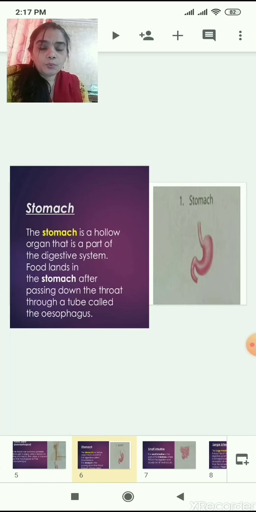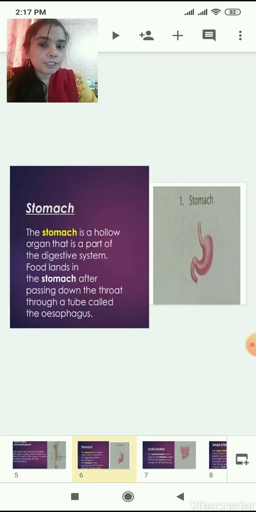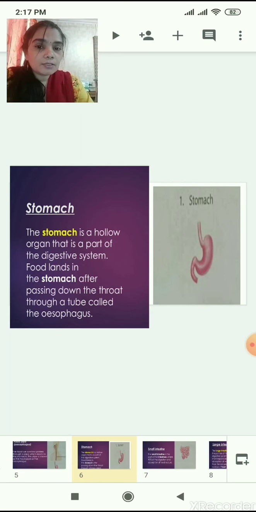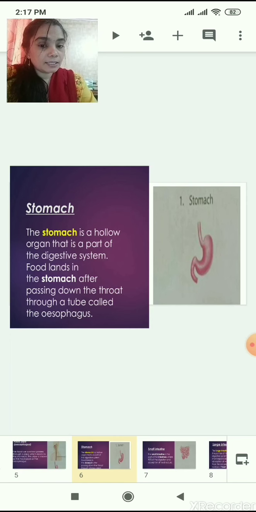So what does a stomach do? Whenever we eat food, we make it into a thin paste and swallow it through the food pipe or esophagus, then it lands in the stomach.